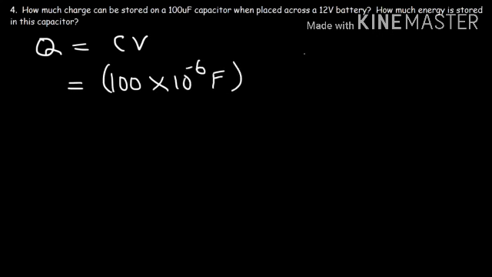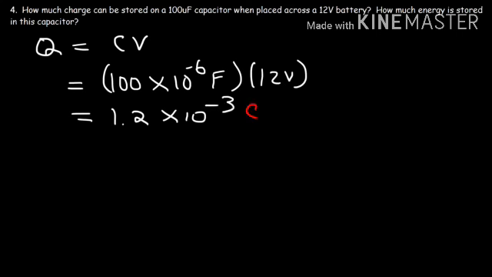The voltage across the capacitor is 12 volts. So if we multiply these two, it's going to give us 1.2 times 10 to the minus 3 coulombs. So that's how much charge that can be stored on this capacitor.